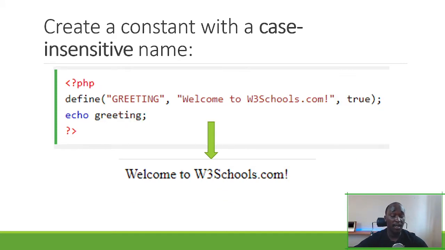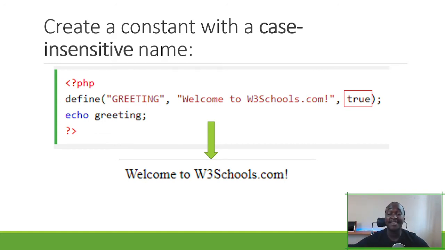Now, if we want our constant to be case insensitive, then we provide the third parameter and we give it a value of true. Okay, I'm also a bit confused here.